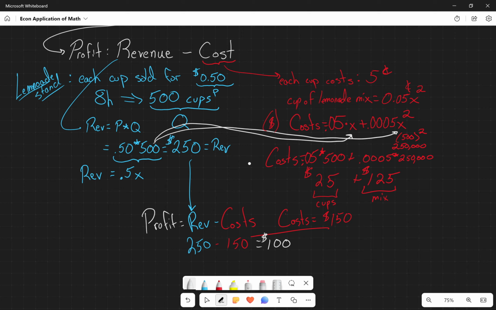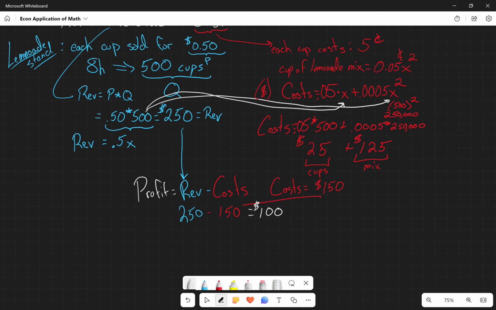And some of them are going to be increasing at an increasing rate, right? When we have this square term there, that's telling me that the more cups of lemonade they produce, the higher costs or the greater errors they're going to have, which is going to influence the cost function. It's going to make the cost higher than if it was just purely linear.